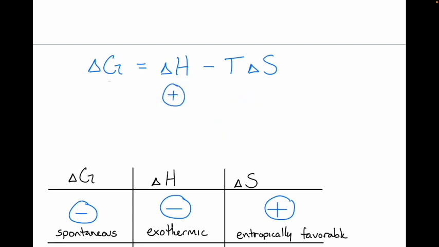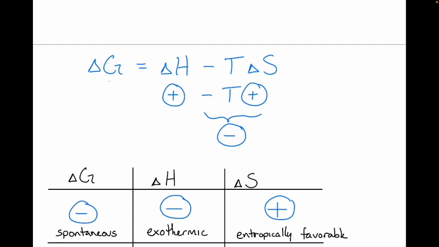So delta H is positive, but delta S is also positive, right? So that negative T component here, all that together, that term's negative.